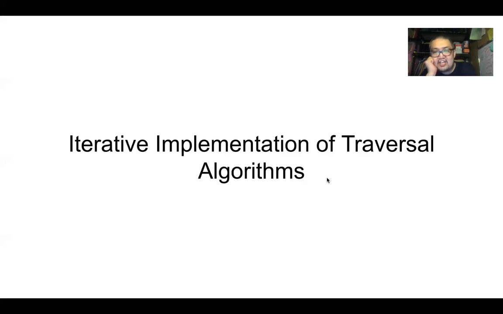So essentially, instead of having a function stack that is being used during runtime, we will be putting it in our program, in our algorithm, and essentially convert the recursive traversal algorithm into something that is iterative.